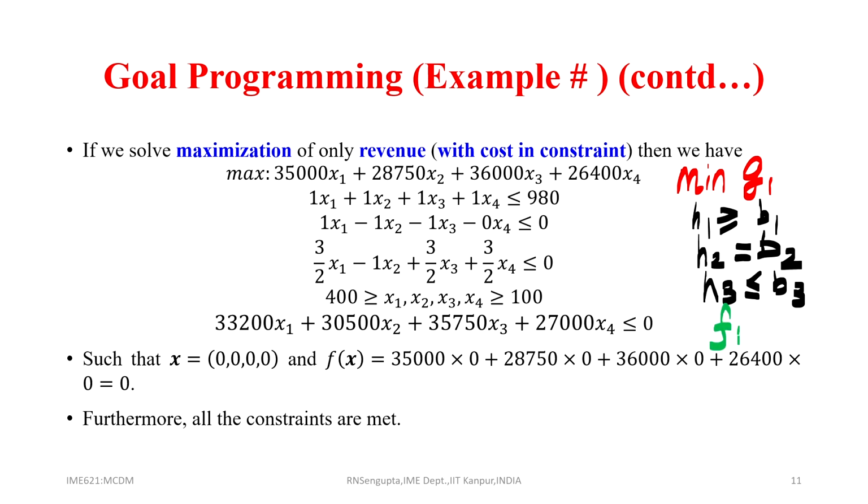So, it becomes f1 is greater than equal to some B4, because profit, revenue, has to be more, and losses were less than that B4 there, which was shown in the red color B4.